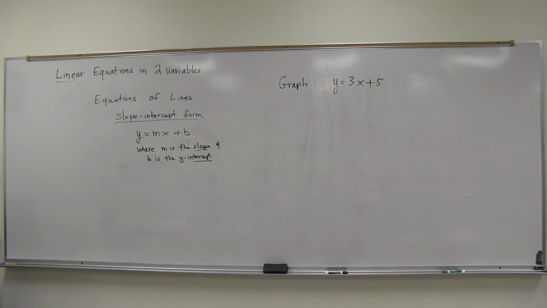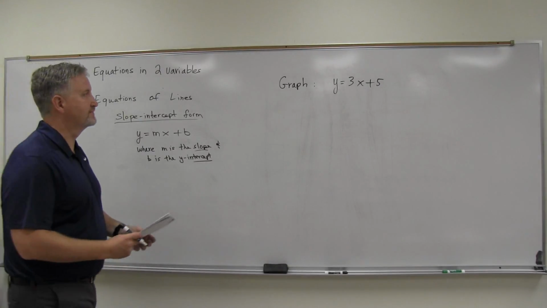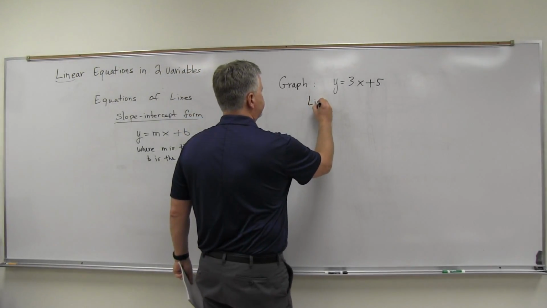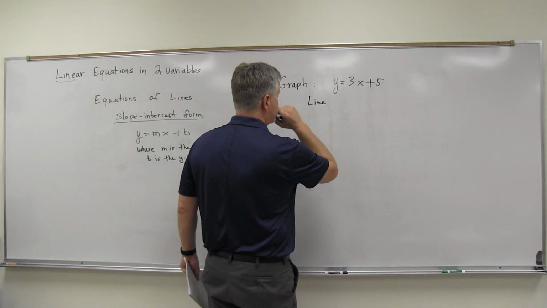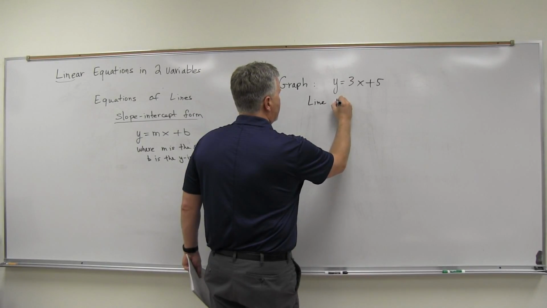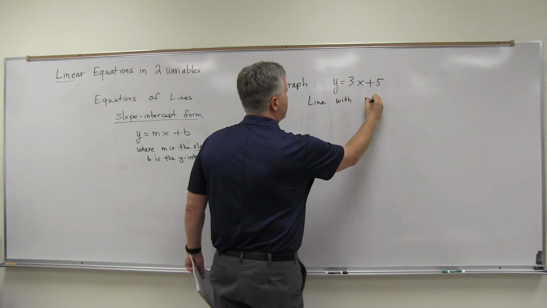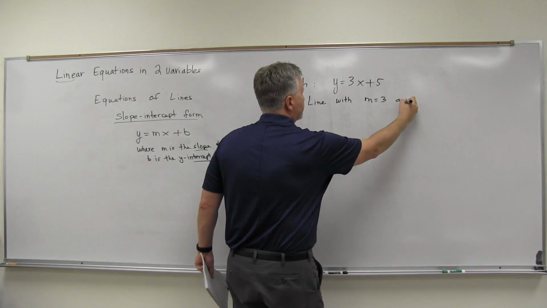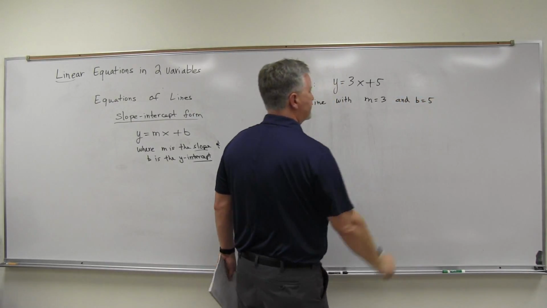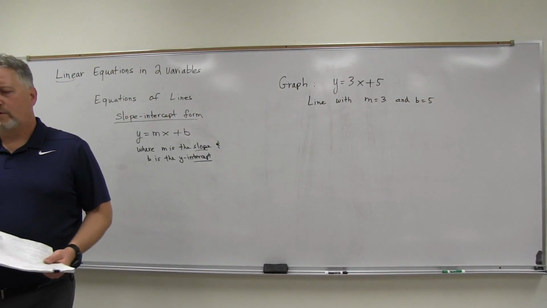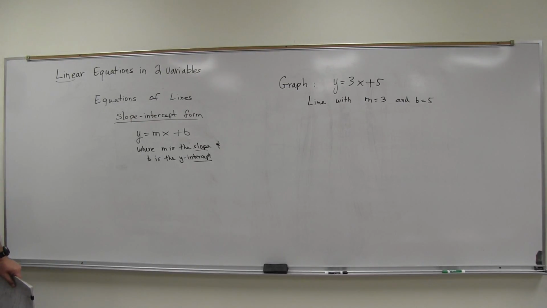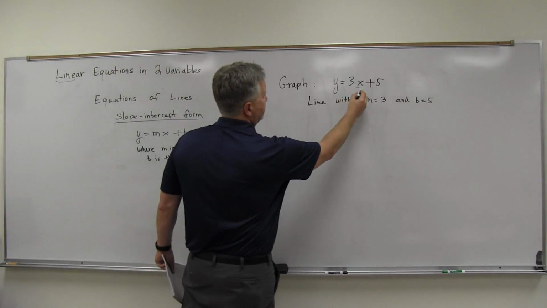That's not hard, but you have to recognize it's a line, right? Why is it a line? It's in y equals mx plus b form. And what is my slope? 3. m is 3, and b? 5. Okay? So m is 3, b is 5.